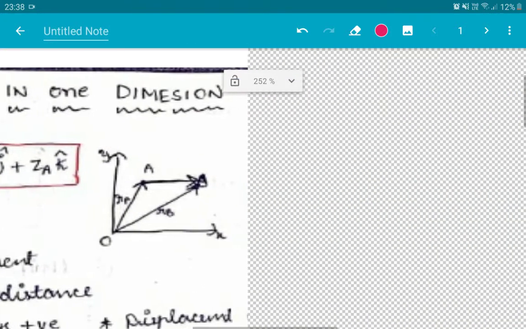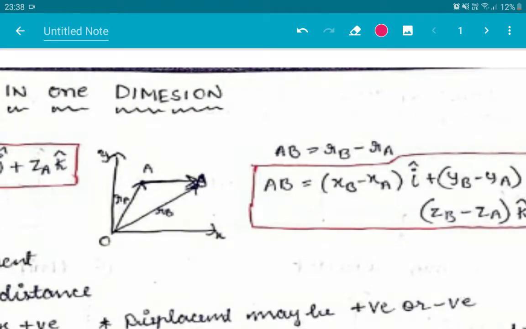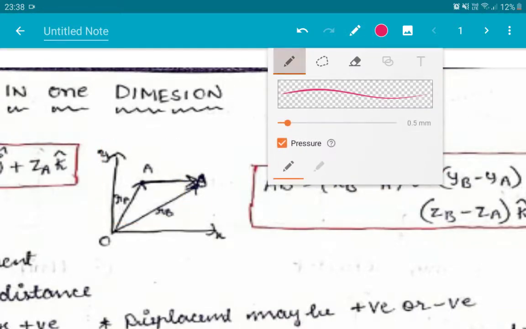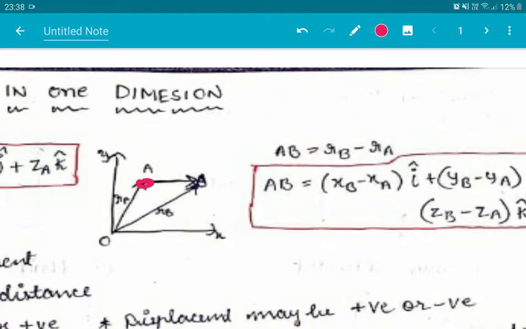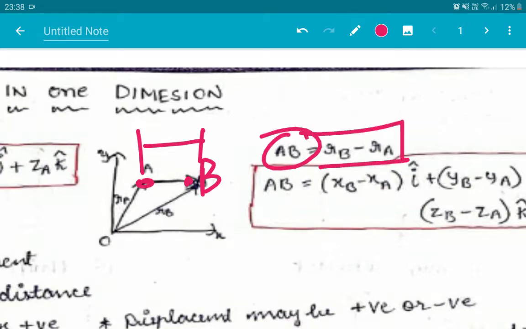Going to the next one, we have seen one case, where we want to find the position of a particular particle. But here there are two particles, the position of two different particles, this is A and this is B. You want to find the distance between them. Now AB is equal to RB minus RA.